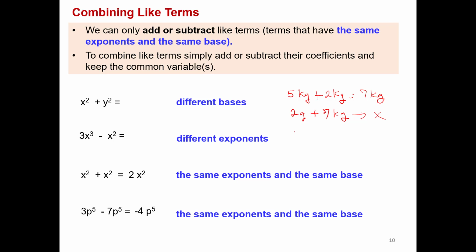For example, if we have 3 meters squared plus 5 meters squared, then we can add these numbers, because we have the same unit. The units are exactly the same, and it's 8.